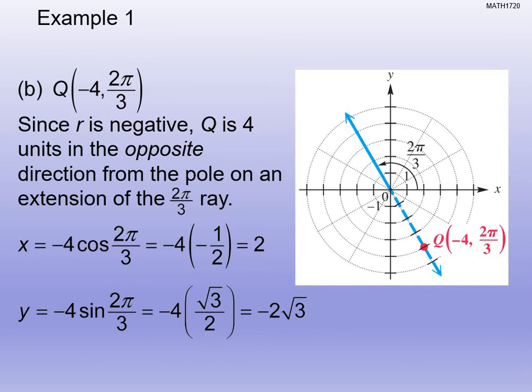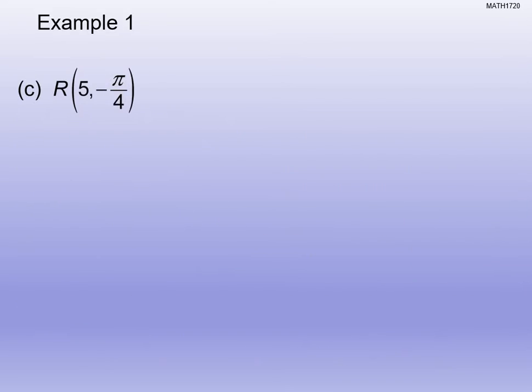Alright, moving forward here. Say we have R. This one again is in radians. So our magnitude is 5, and our theta is -pi over 4. So we're going to see how this changes the location of the graph based on the angle and having a positive magnitude. So think about it.